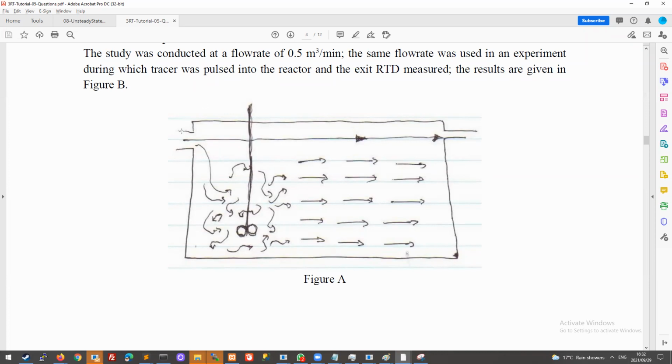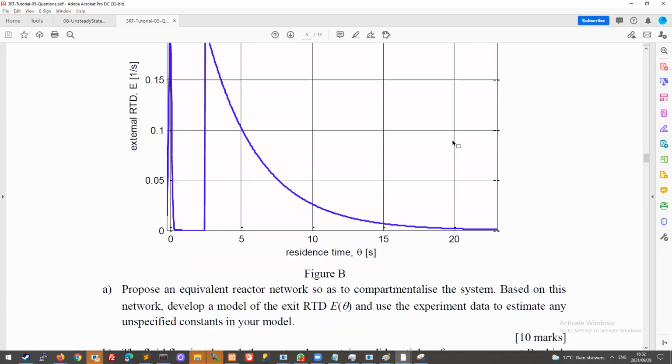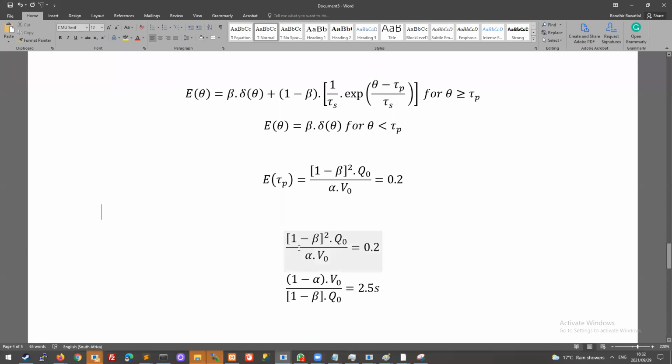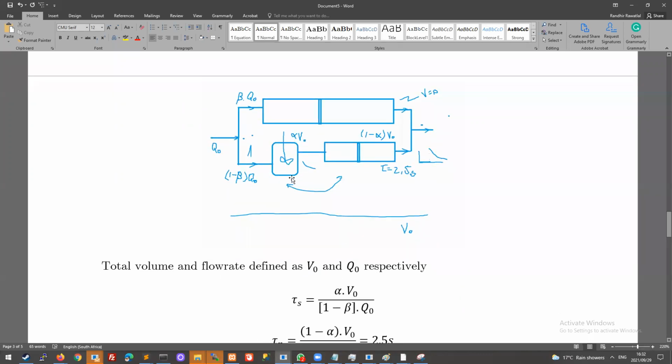In the real world, there's no defined boundary like this. But by simply pulsing in a little bit of salt and measuring a little signal out here, right, taking the signal, we are able to actually get numbers, right? After you solve the quadratic hidden here, you then actually have a value for beta and a value for alpha. And so you can convert this virtual model into something with defined numbers that tell you, if you were to model it this way, this is what those splits would be.